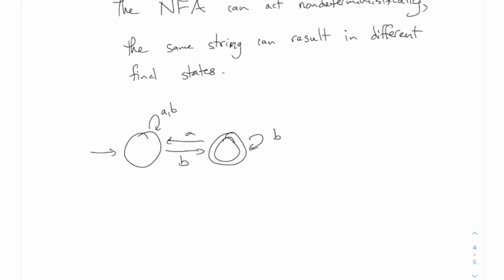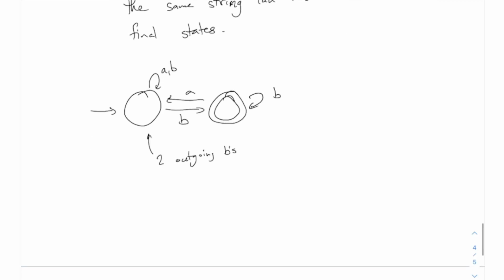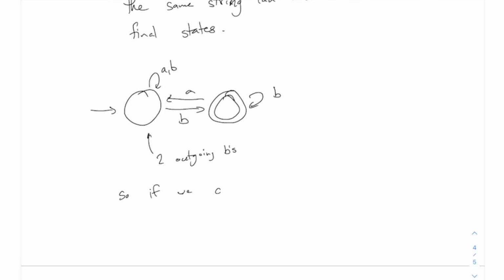Two outgoing B's. This is not allowed in a DFA. It is allowed in an NFA. So, for example, if we do AB, if you start in the starting state, it could end up in either state.